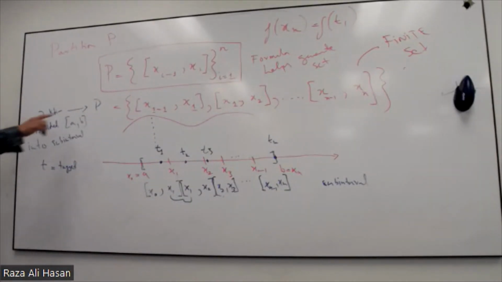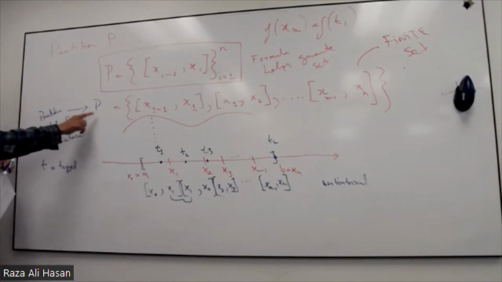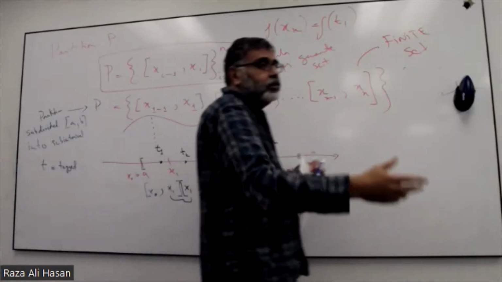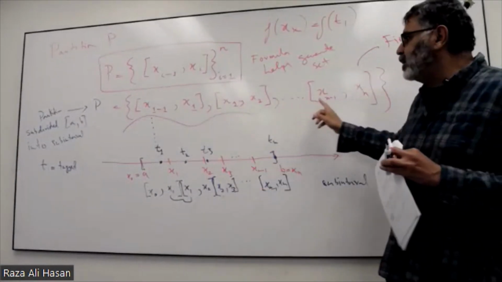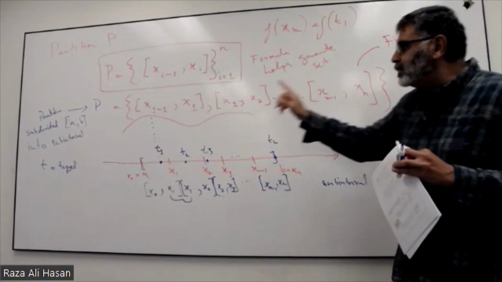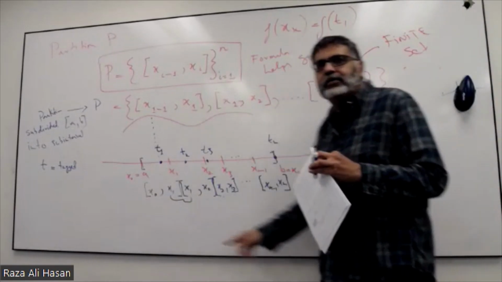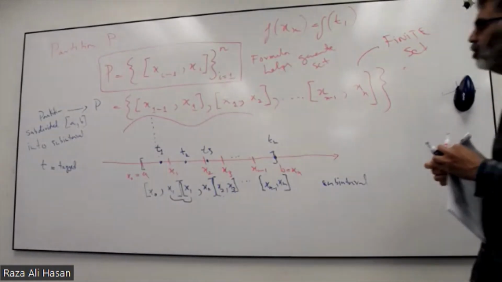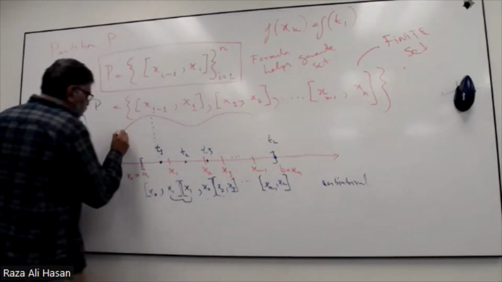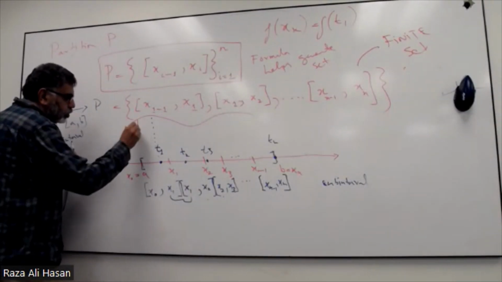All right, so this is a partition that has done what? This is a partition, this is a set. Everything, of course, is a set. This is a set of subintervals that subdivided the AB closed interval that we started out with. AB comes from this point here, right?